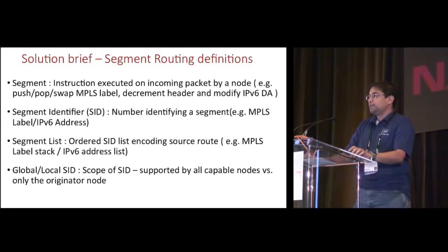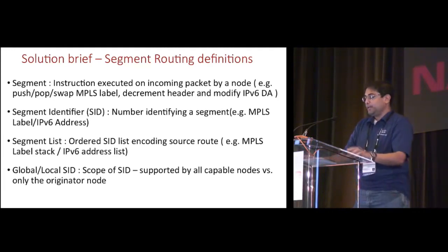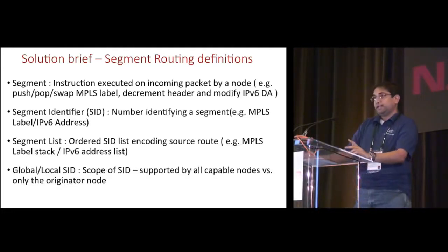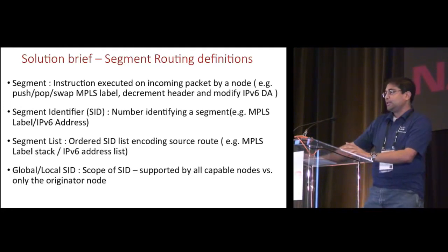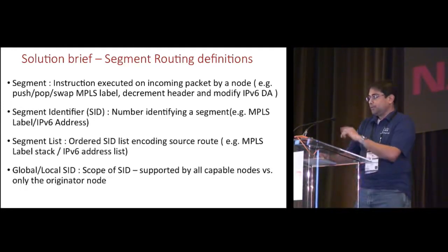Some segments identify a certain node in your data center uniquely, so those will be global segment identifiers. And some of them are relevant only locally in a node. For example, you want to give certain traffic to a certain service in a node, and no other node needs to know about it other than that node. So those segment identifiers are locally relevant. We'll talk a little bit more about them in the next slide.